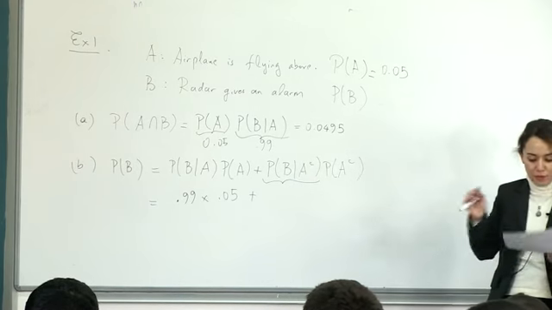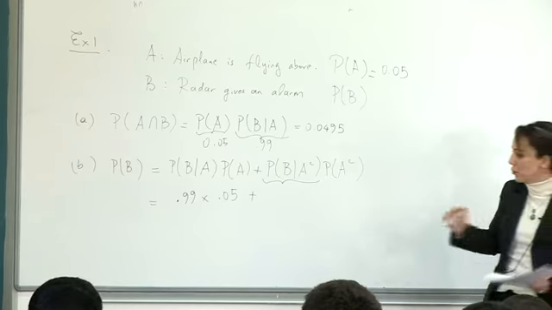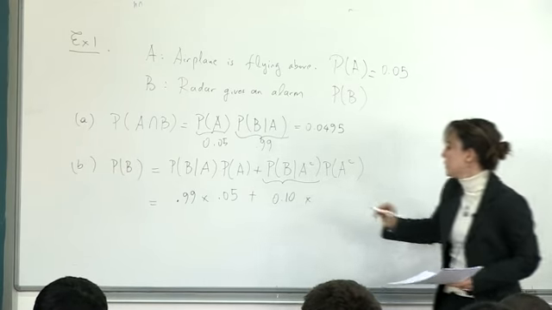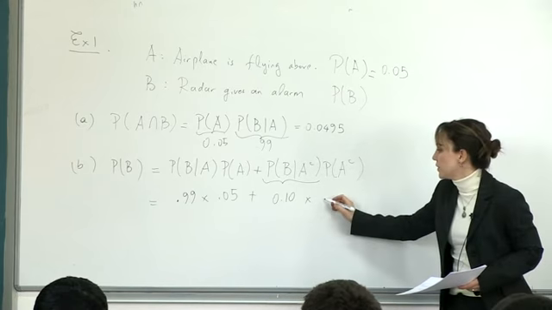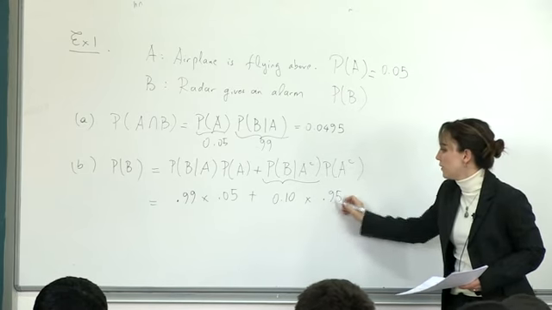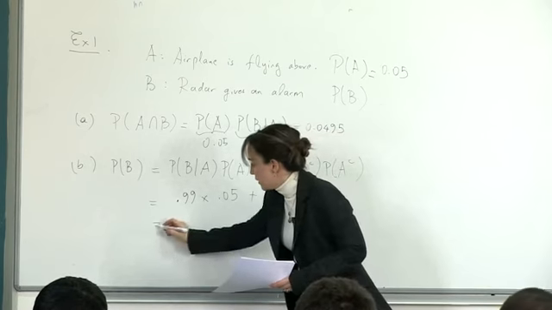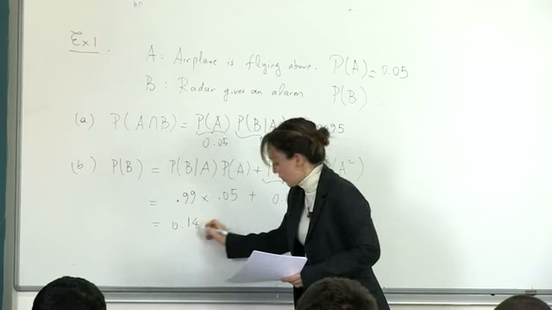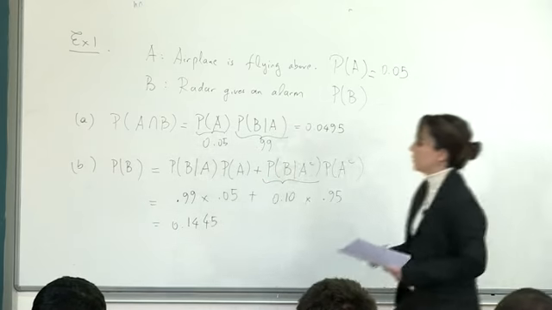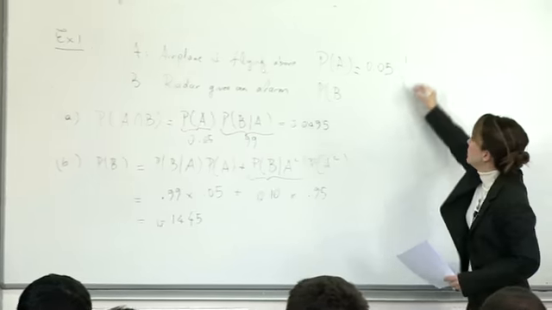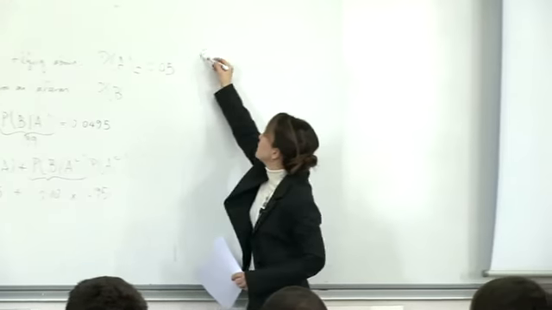This is the false alarm probability specified in the question as 0.1, times probability of A complement, which is 0.95. And this comes out as 0.1445. Any questions about this? All right. So let's move on to part C.